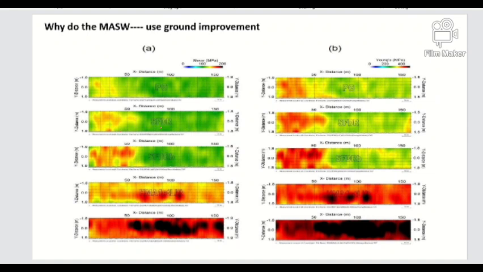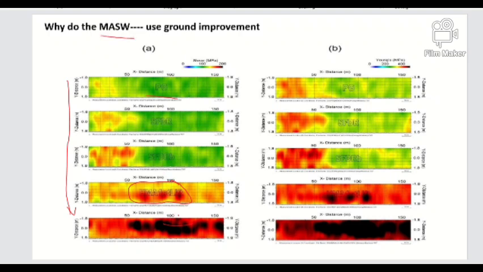Here in the image, as improvement increases, stabilization increases. This MASW image will go from low stiffness to higher stiffness, so with improvement, compression increases and stiffness also increases. So how do we measure this?